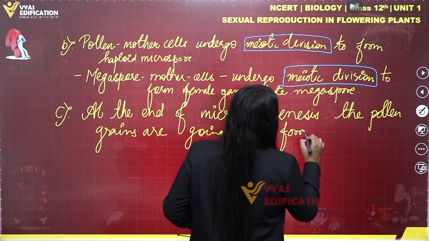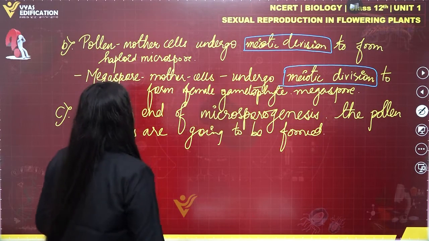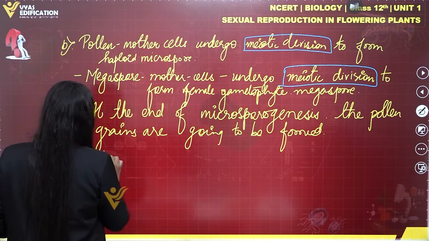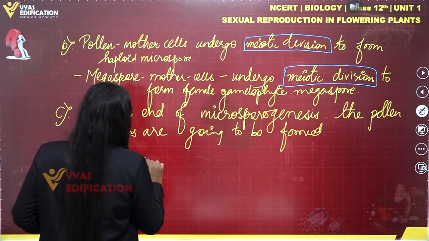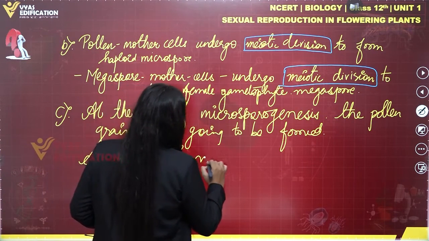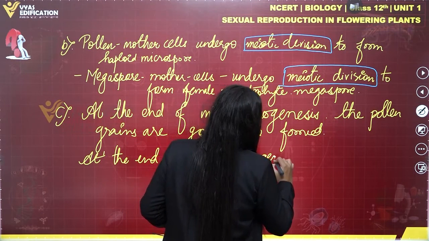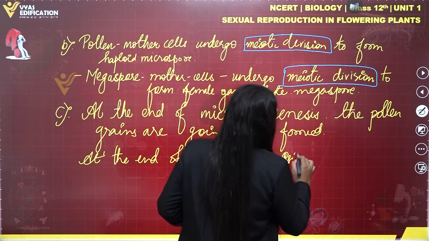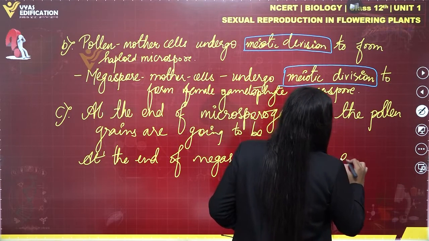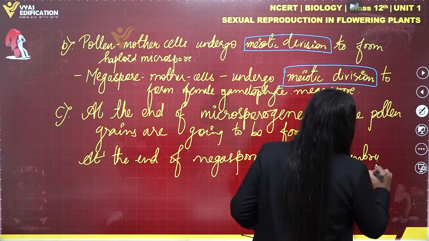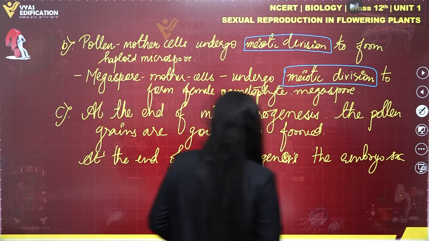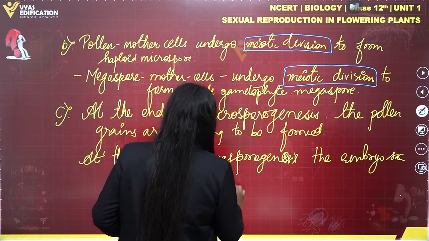And at the end of megasporogenesis, the embryo sac is going to be formed.